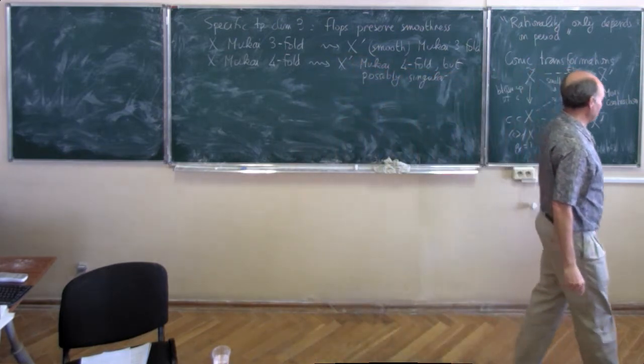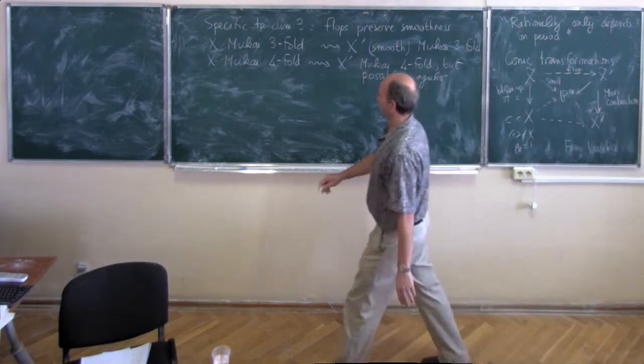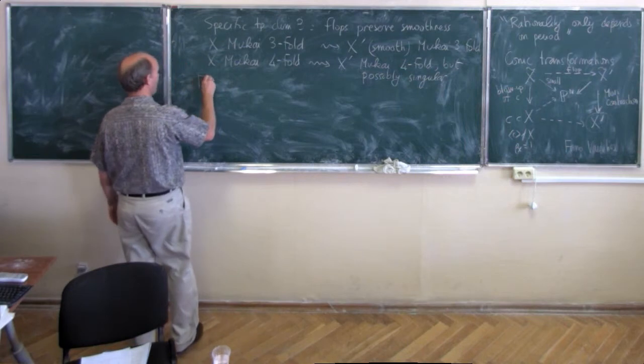It might have a finite number of singular points. The problem is that when you flop here, there's no guarantee that the result will be smooth. In any event, you can still do that. And so the facts are the following.